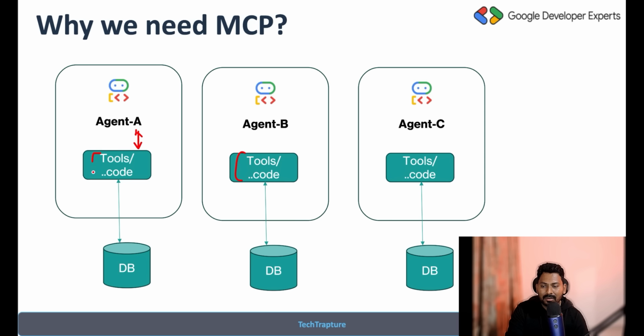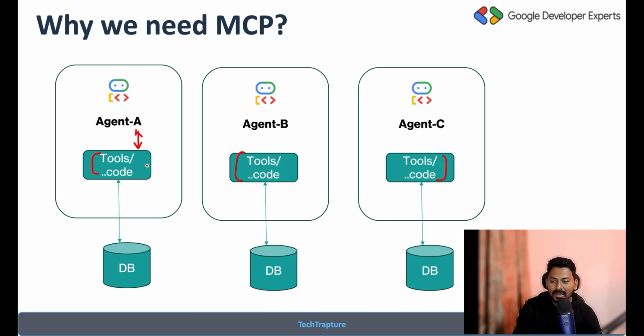If you want to query the data on the database, it will be the same code; only your query will change and your connection will change, but most of the rest of the code remains the same. So you are duplicating all your code and effort. And what if there are multiple projects doing the same operation? For everyone you need to create separate tools. That is not a best practice, right?